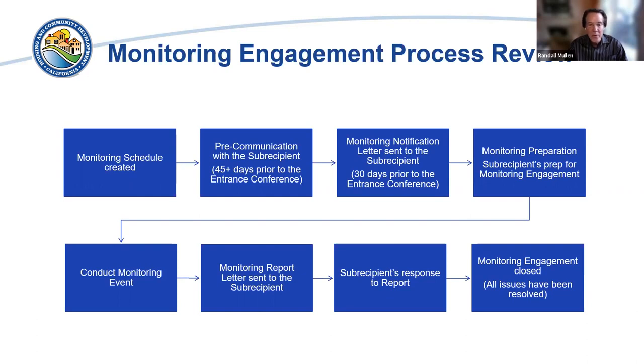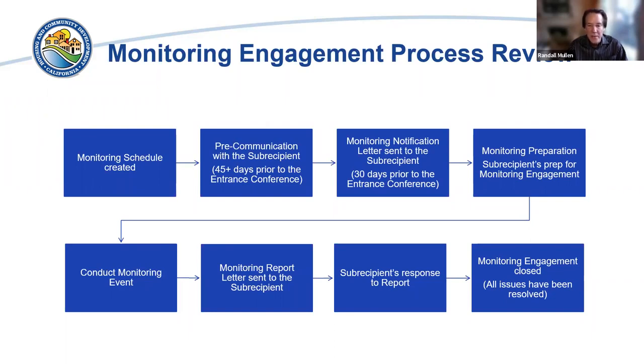Yesterday, Patty went over the 8-step monitoring engagement process with you, beginning with the monitoring schedule, followed by the pre-communication where HCD will contact the subrecipient 45 days prior to an exit conference.